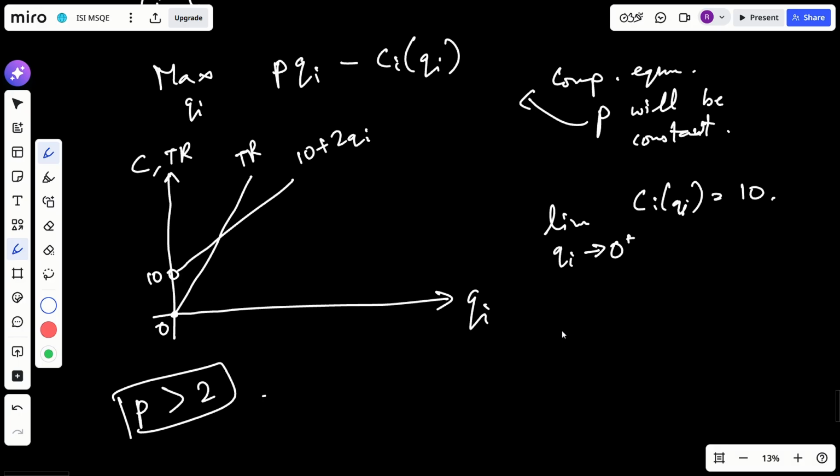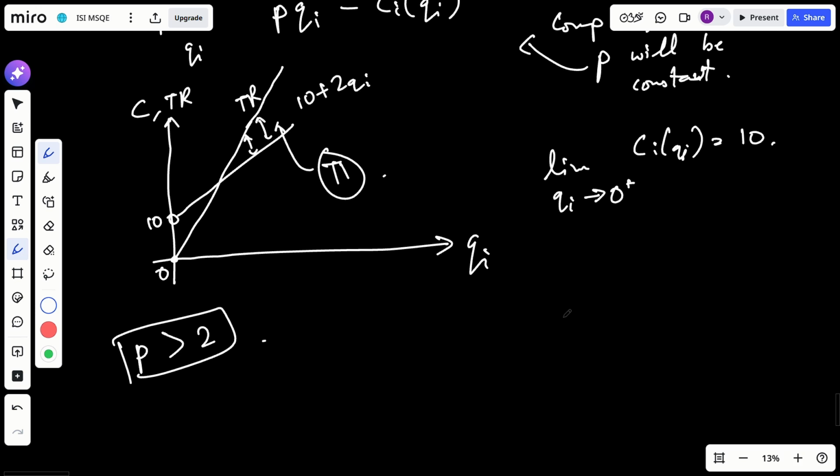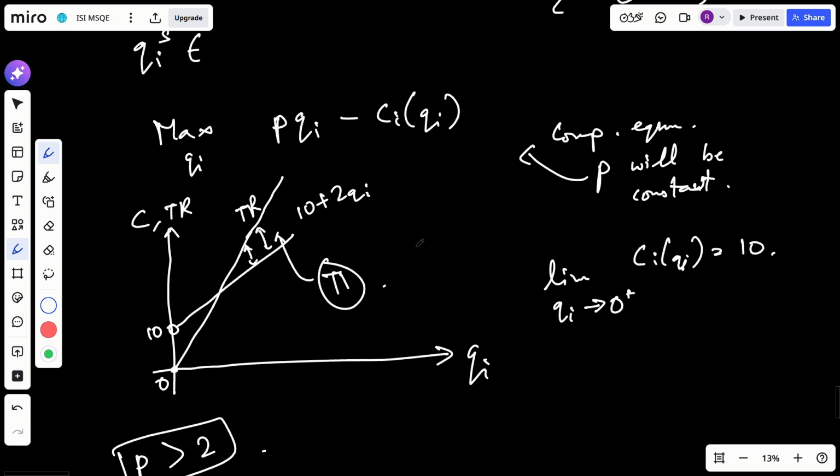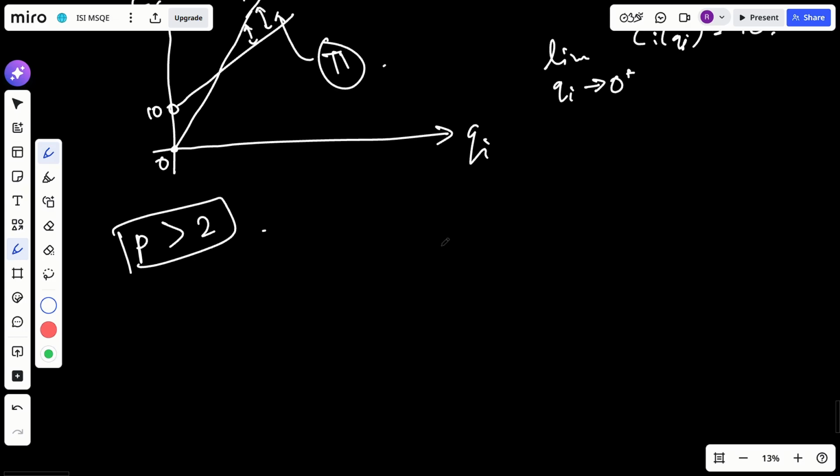You can see that as QI increases, the difference between TR and the cost goes up. This region, which is under the TR curve but above total cost, is your profit. As QI goes up, the profit also goes up, so the individual firm will try to supply as much as possible when P is greater than 2.